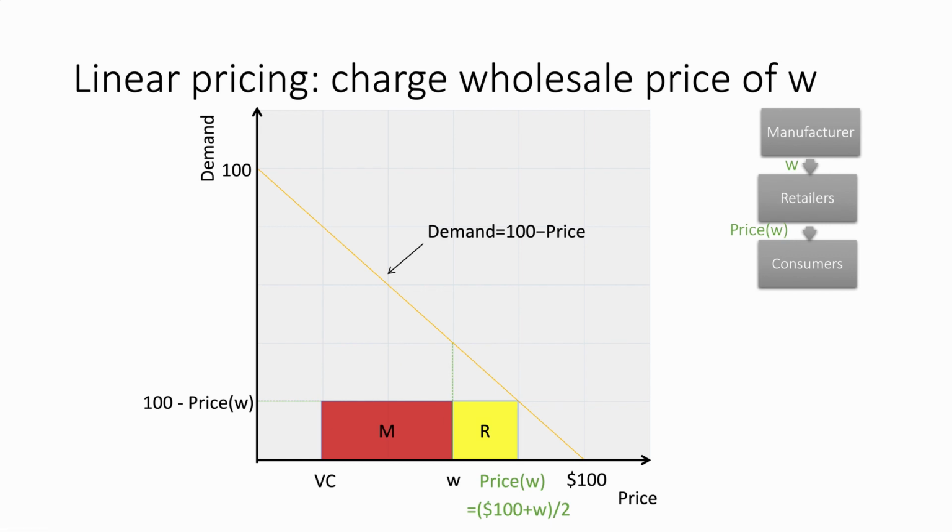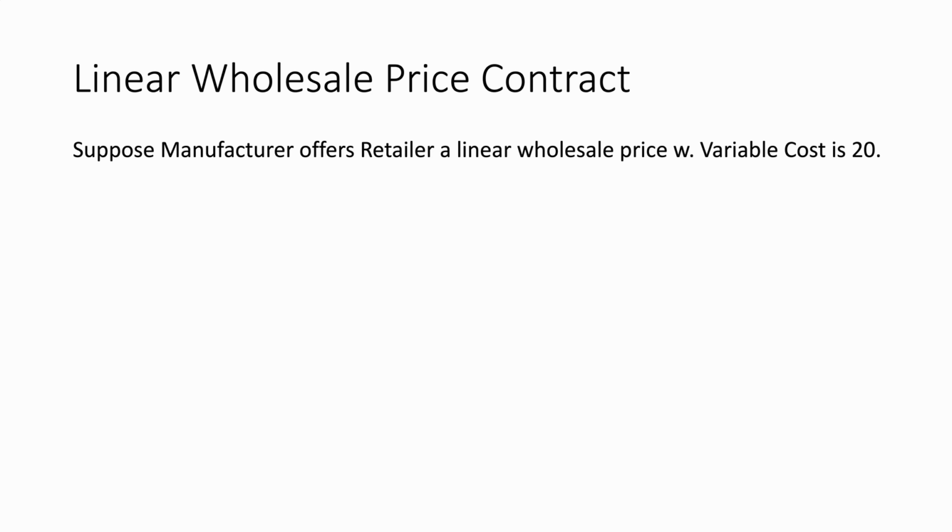The calculation for a situation like this goes as follows. Conceptually, this is what we call a linear wholesale price contract. The manufacturer charges a wholesale price that is fixed, and the total cost for the retailer goes up proportionally with the quantity. Suppose the manufacturer offers the retailer a linear wholesale price, W, and the variable cost is $20.